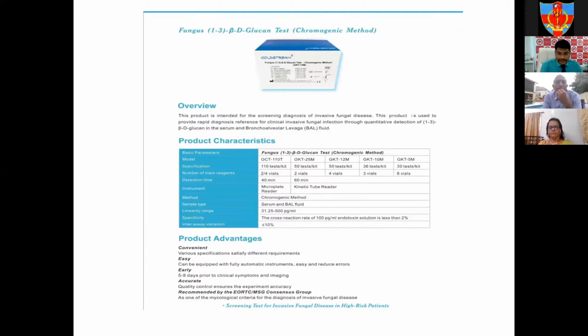Coming to the tests that are available now in very few places in India, we do it here. The 1,3-beta-D glucan test is a chromogenic-based assay, which takes less than about 8 hours. That is the significance and importance of this test in identifying individuals who are at risk, and then treating them with the appropriate antifungal and mitigating the mortality.